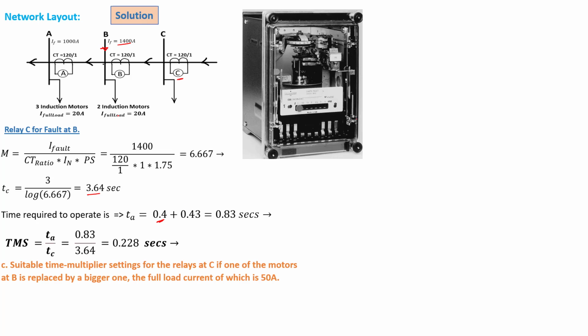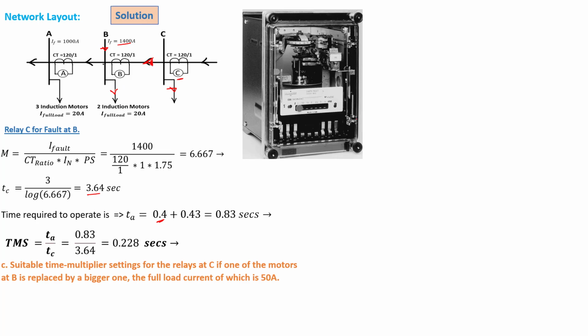So basically they're telling us that we need to calculate another plug setting for this relay on C, so that it does not trip, since there is now a different load on bus bar B altogether. So we need the overload current that this relay is now going to see.